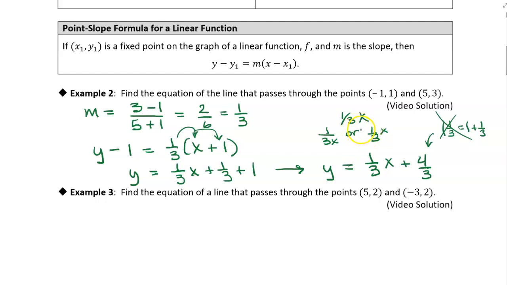So I would also caution you about using the diagonal fraction bar, because sometimes 1/3 x ends up looking like 1/(3x). I might be able to guess what you meant to write, but you'll end up confusing yourself if you're going to be doing a lot of math, because you can't read what you wrote and you misinterpret it. So, a couple of little cautionary tales there, and I'll meet you in the next video.